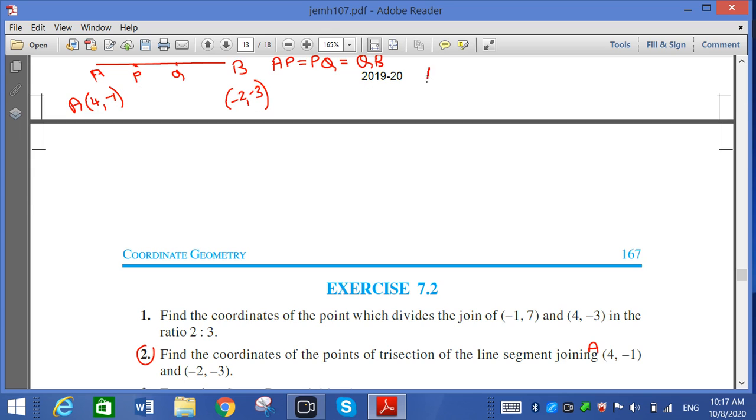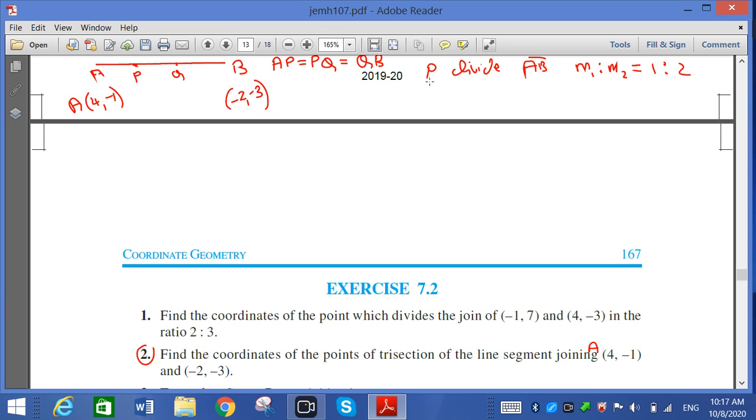So first, P divides the line segment AB internally in the ratio m1:m2, which is 1:2.